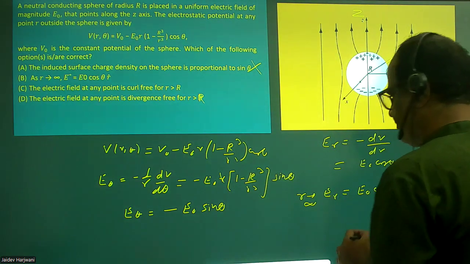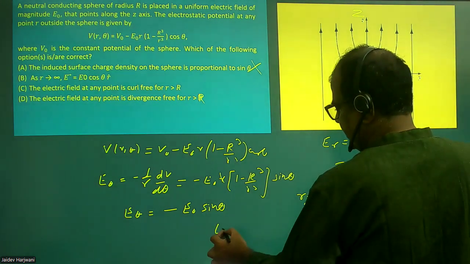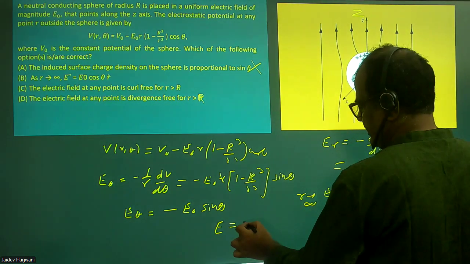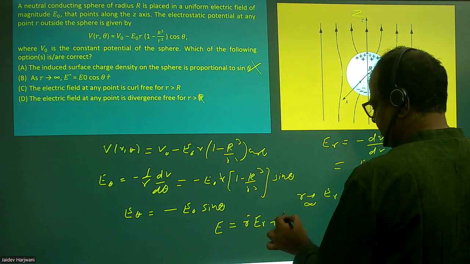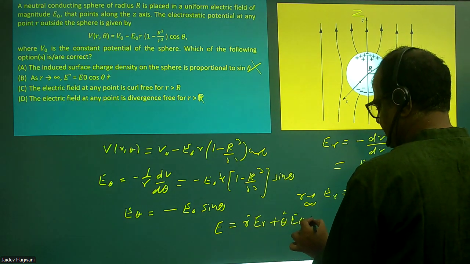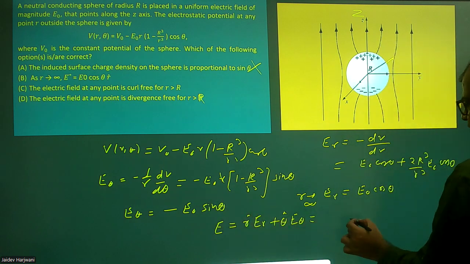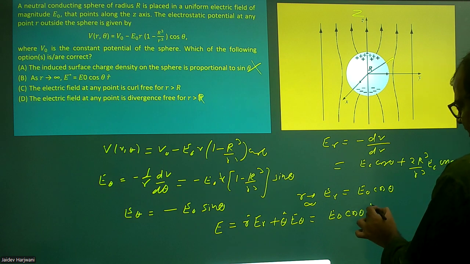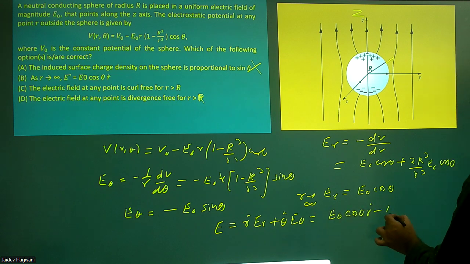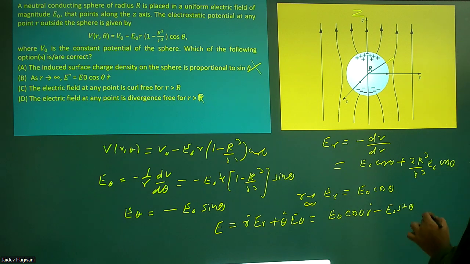Now the total electric field E is r cap E r plus theta cap E theta. If I put these values, this gives me E naught cos theta r cap minus E naught sin theta theta cap.